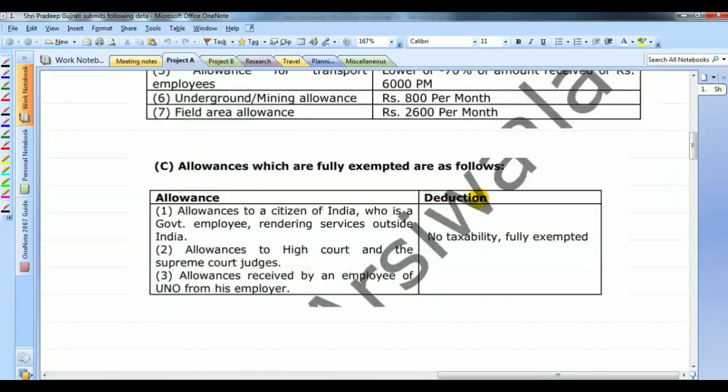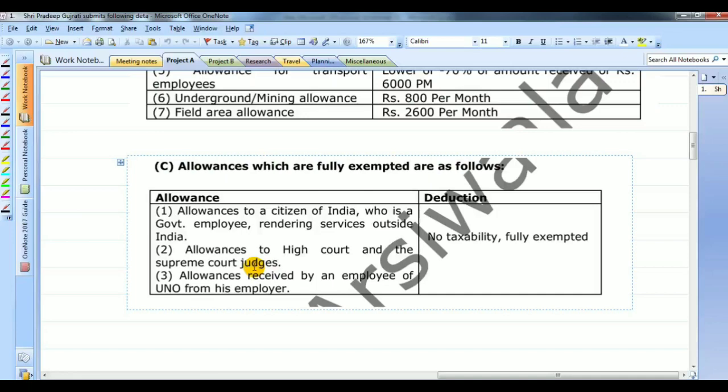And lastly, there are certain allowances which are fully exempt. Some of them are allowances to citizen of India who is a government employee and rendering services outside India, allowances to High Court and Supreme Court judges, and allowances which are received by employees of United Nations organization.